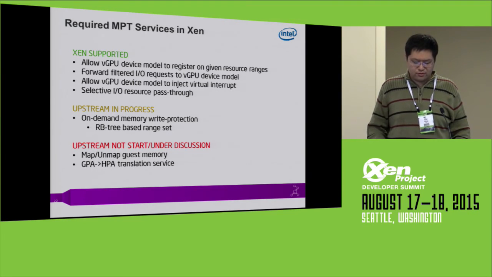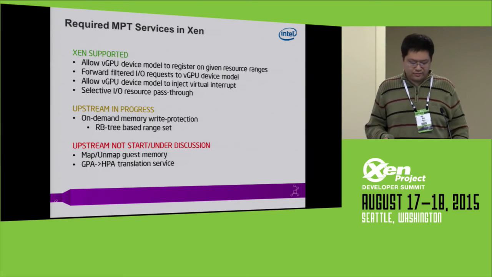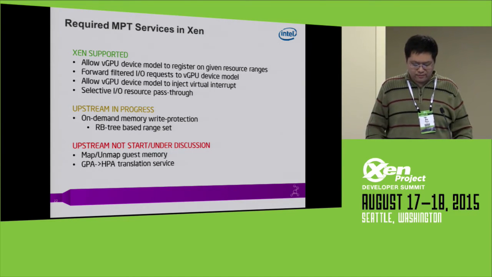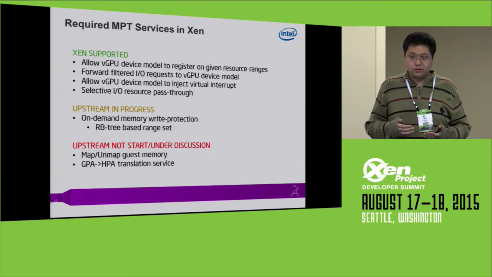Most of this part has been upstreamed, and only a trivial arbitrary-based range set is left for discussion. There is also another part still under discussion and not started, like map and unmap guest memories, because we have to scan the GPU workload from guests to prevent a malicious guest from doing something bad.